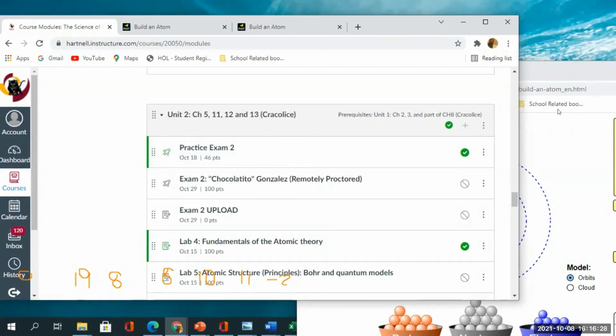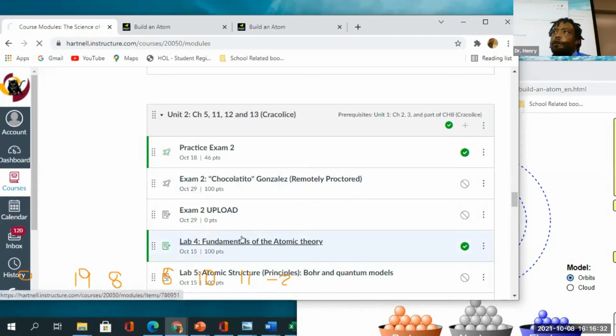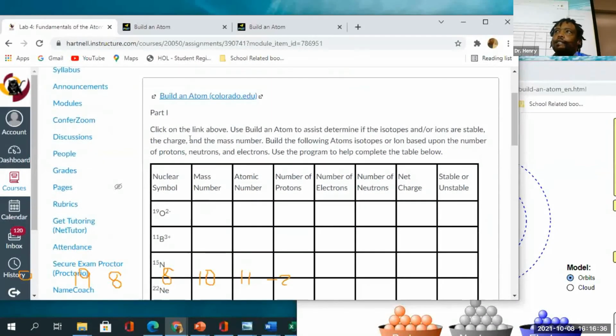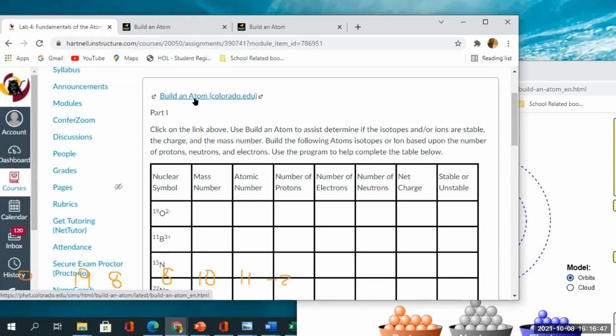Start assignment. Oh, well, hold on. No, you don't want to start it. You're going to upload it when you're ready to upload it. But you're going to click on this. You see that link up top where it says build an atom? No. Oh, an atom. Okay, go back.